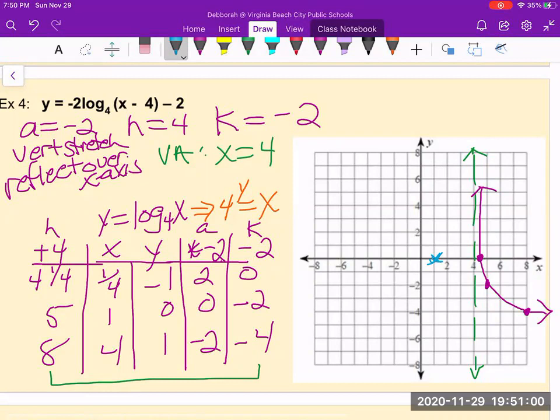We had a horizontal shift to the right 1, 2, 3, 4, down 2. Hence, we have this critical point right here, and we would have known to draw our graph down to the left because a is negative.